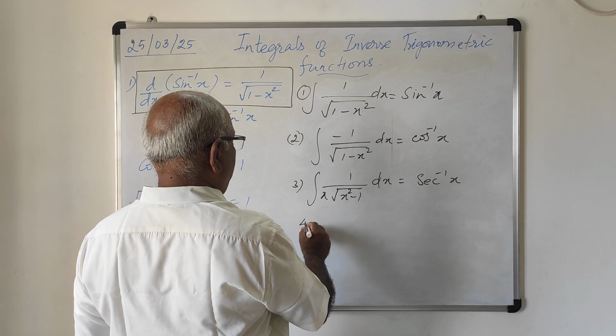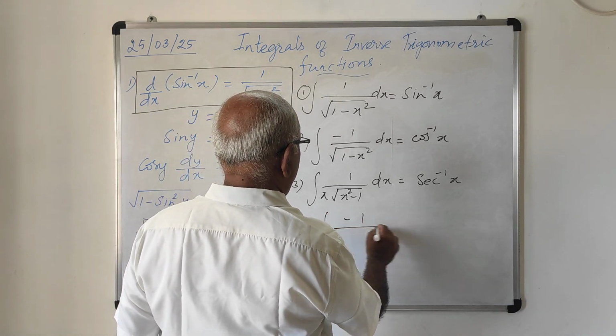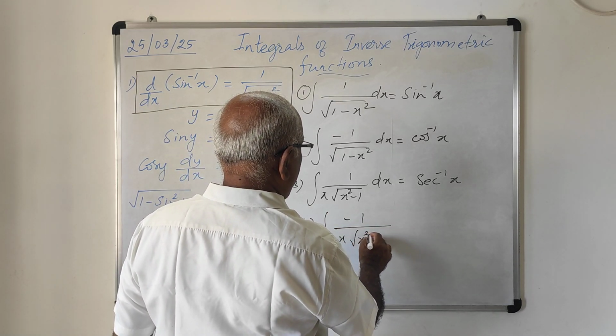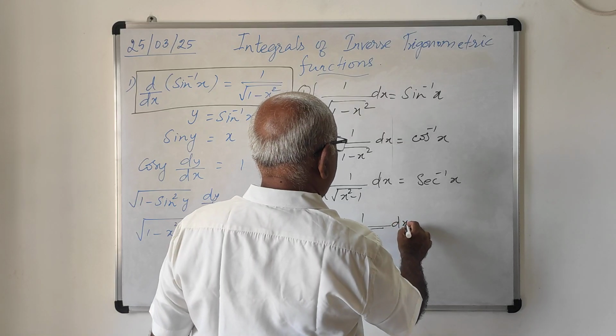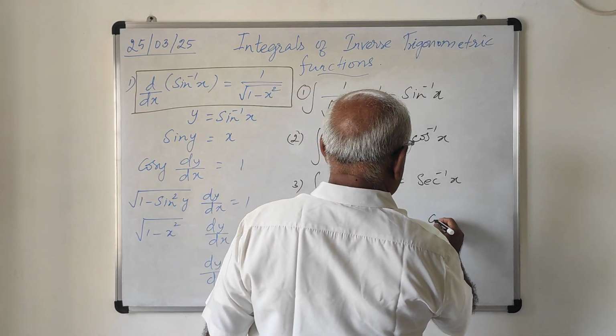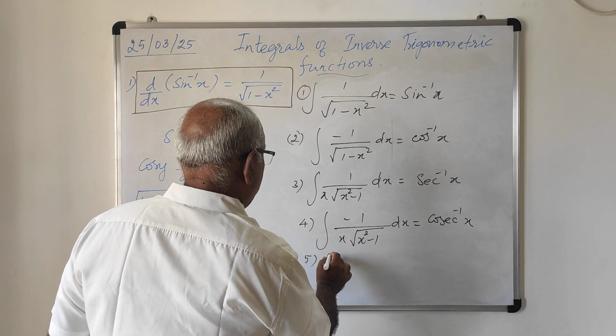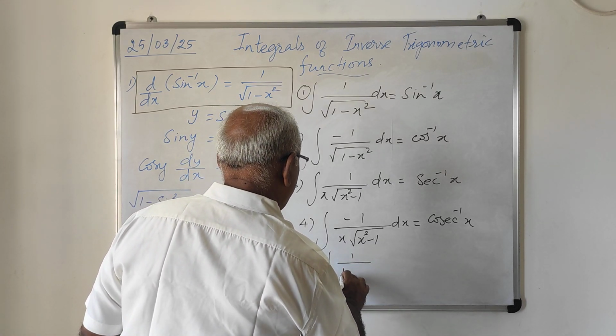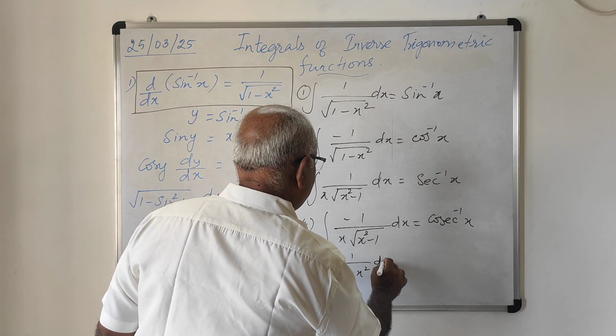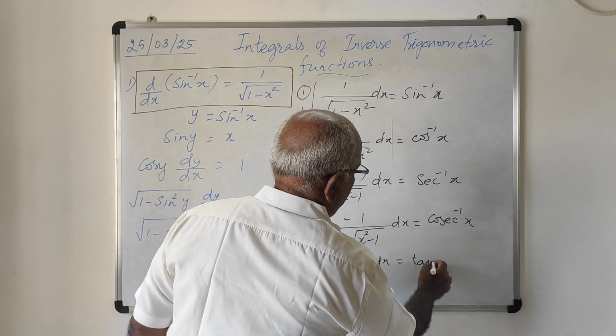Fourth one, integral minus 1 by x into root of x square minus 1 dx is cosecant inverse x. And fifth one is integral 1 by 1 plus x square dx is tan inverse x.